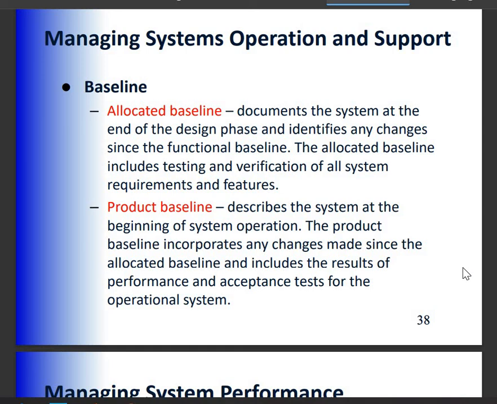Dan yang terakhir, kita ada product baseline yang mana it describes the system at the beginning of system operation. The product baseline incorporates any changes made since the allocated baseline and includes the results of performance and acceptance tests for the operational system. So basically, kita akan ada 3 kayu ukur. Kita ada 3 benchmark dari segi functional, allocated dan juga product.